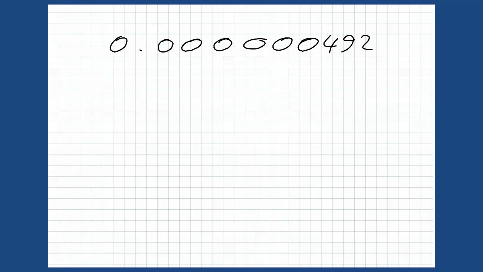What if we have a small number, a very small number, such as this number here? To write it in scientific notation, we need to move our decimal from this place to be here. So directly we will write our numbers without the zeros, and the decimal must be here.